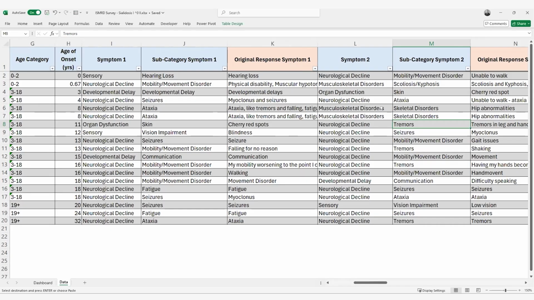Not everyone gets them, but the less enzyme activity you have, and the more buildup of substrate, certainly it is an issue.